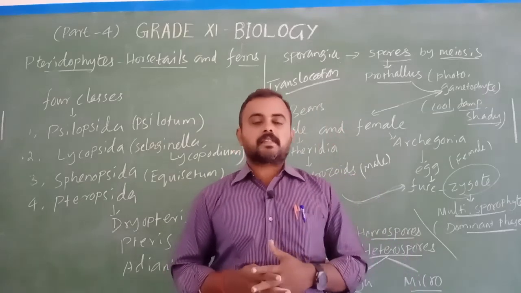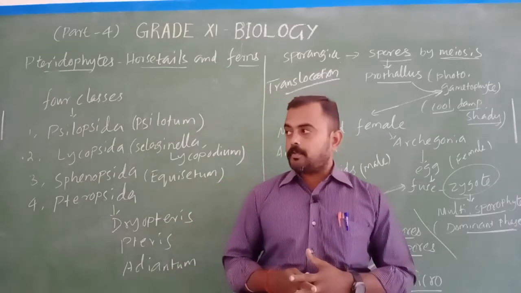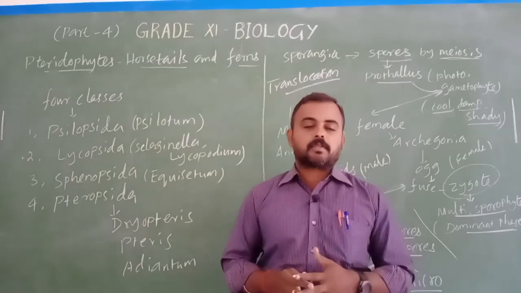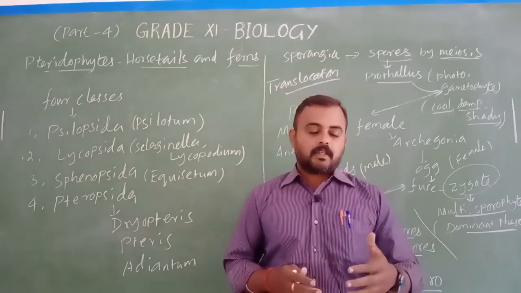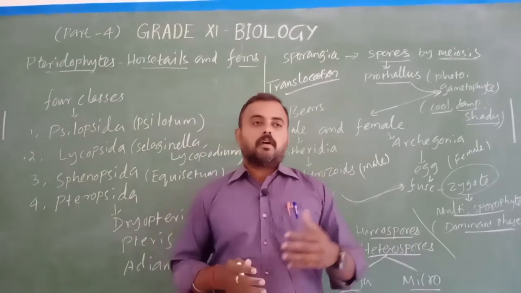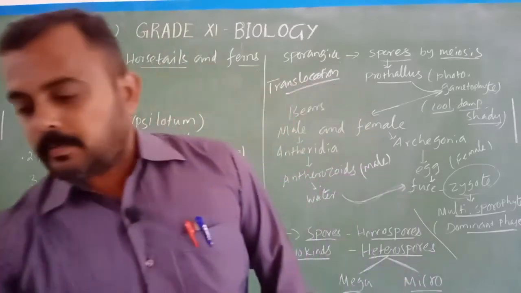In the revised syllabus, we don't have angiosperms. We only have up to gymnosperms. So after completing gymnosperms, we will complete this lesson. Next we are going to see gymnosperms.